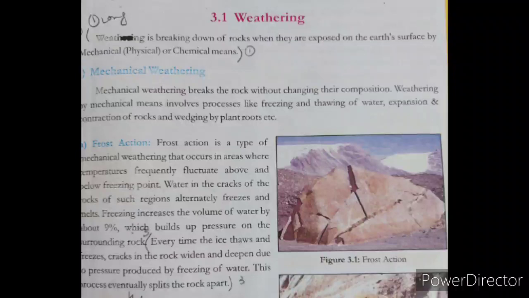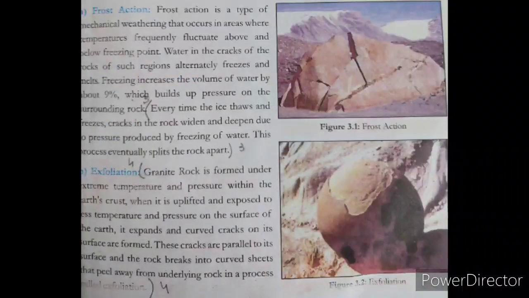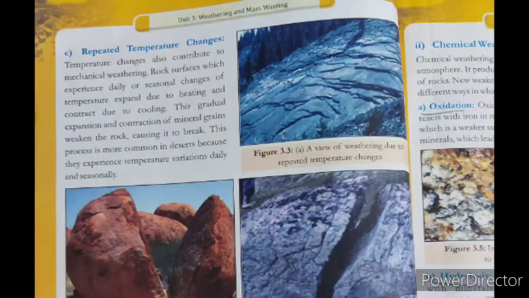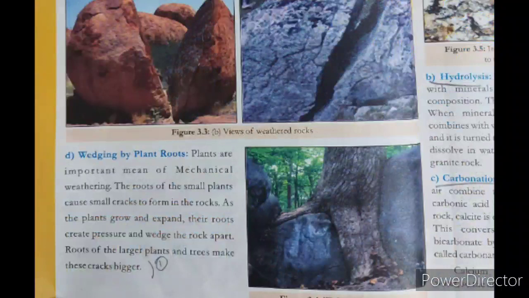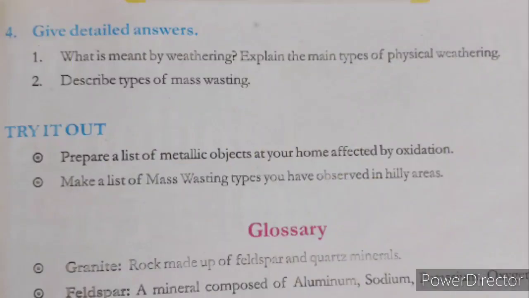Weathering, mechanical weathering, and frost action, exfoliation, repeated temperature change, and the wedging of plant roots. These 4 points are included in this answer. And the next question is: describe the types of mass wasting.